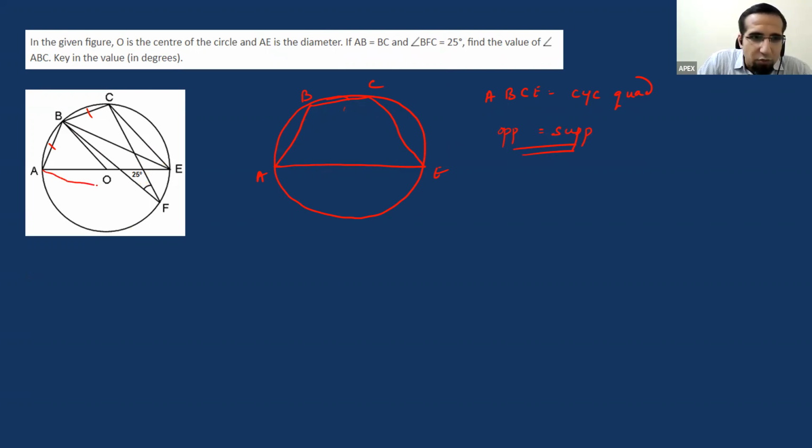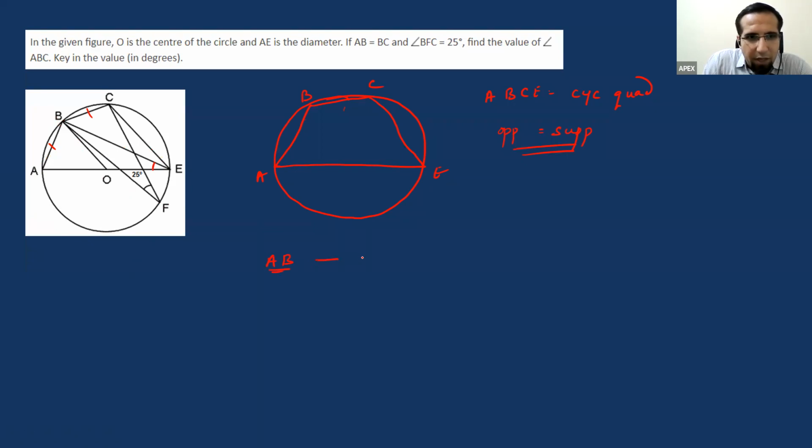Let me join these two. Or leave that. Let's look at, can I say AB is subtending E at the circumference? So look at the chord AB.